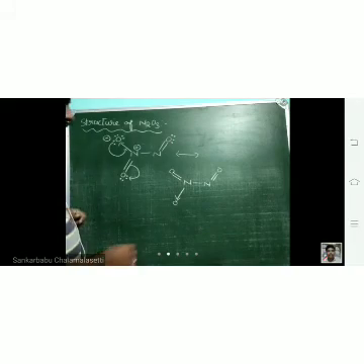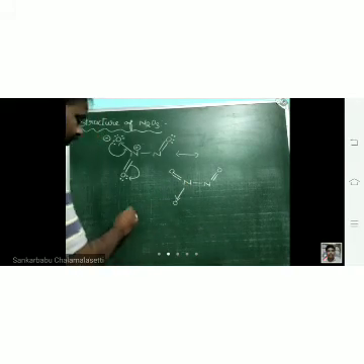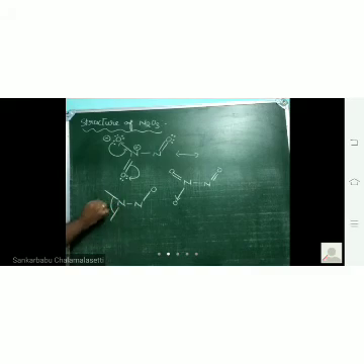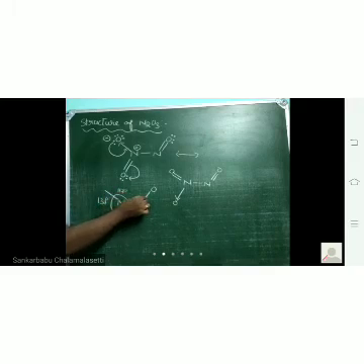In this case, we can write the skeleton of this structure like this. So this bond angle is 130 degrees, this bond angle is 117 degrees, and this bond angle is 105 degrees.